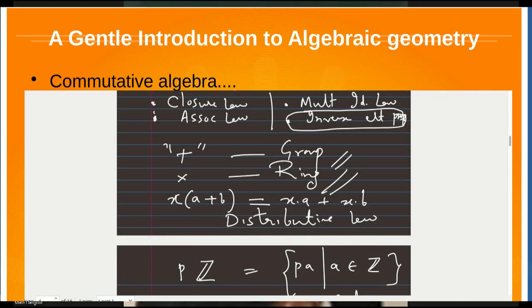Multiplication in all of these systems is closed and associative. So the ones which have additive group structures also have a multiplicative structure which satisfies the closure law and associative law. Such number systems, or algebraic systems in general, are called rings.